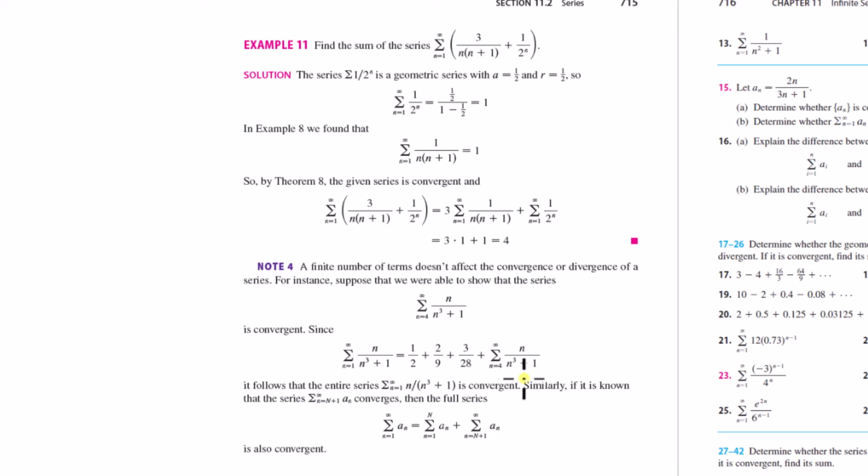You have to do some analysis for that. If you found out this converges to a value, and you wanted to find the value starting at 1, then you have to do some analysis, get the first three terms and add them to that. If you wanted to start at -20, you'd have to find those terms from -20 to whatever point you need.